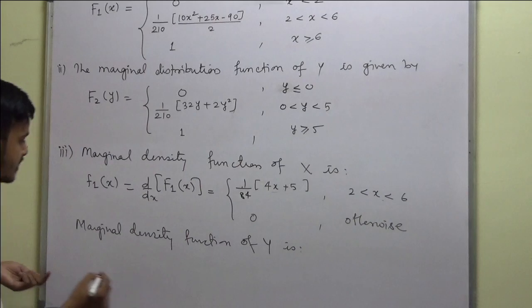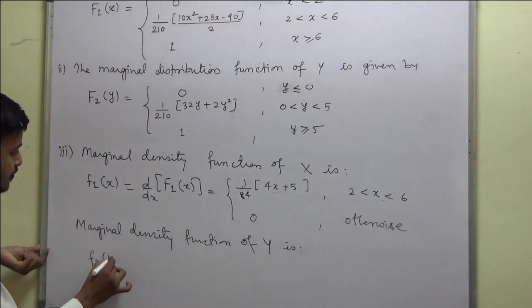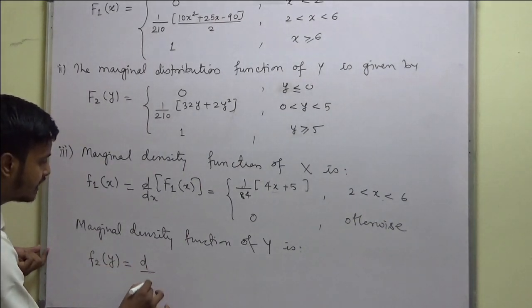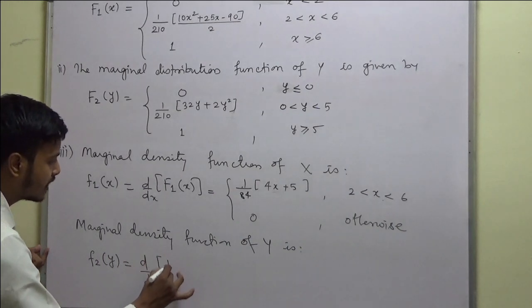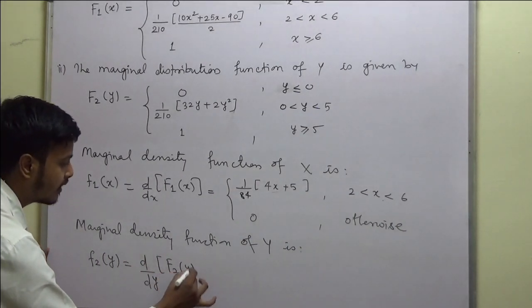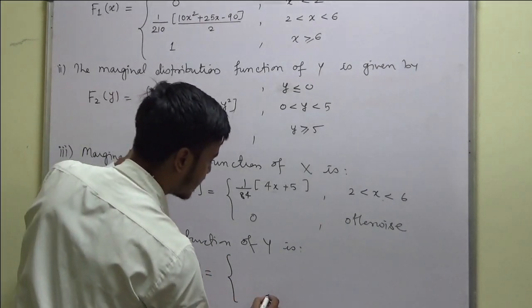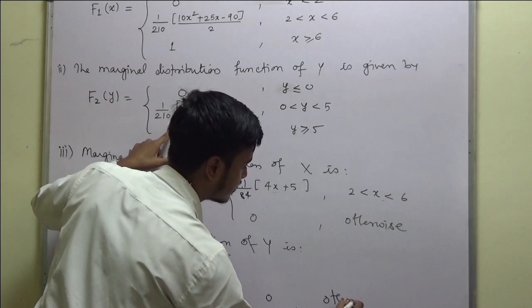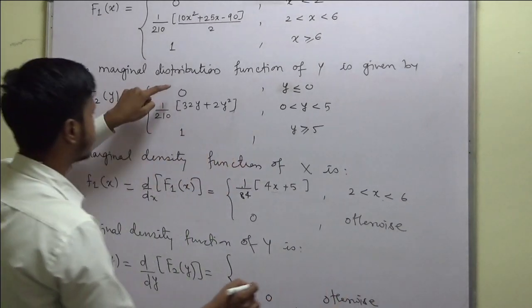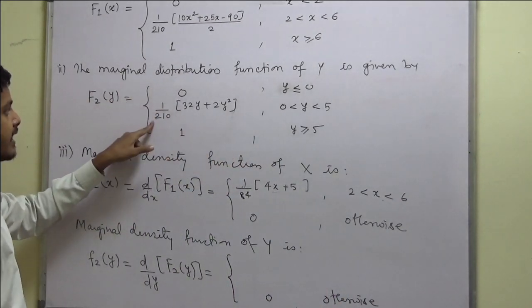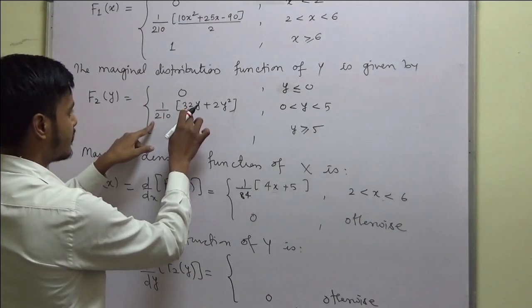So what is it? f2 of y, which is d by dy of capital F2 of y, which comes out to be, we have this function. I will be taking 0 as otherwise, because the derivative of 0 is 0, the derivative of 1 is 0, and for the derivative of this you can take 2 common.